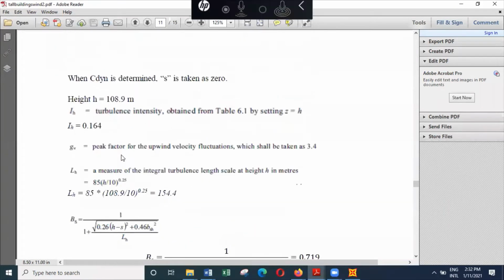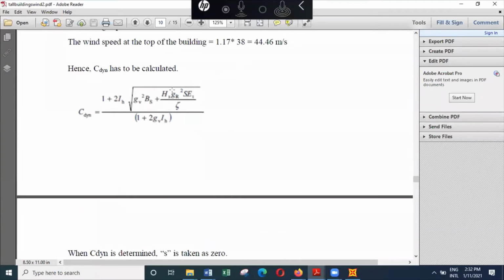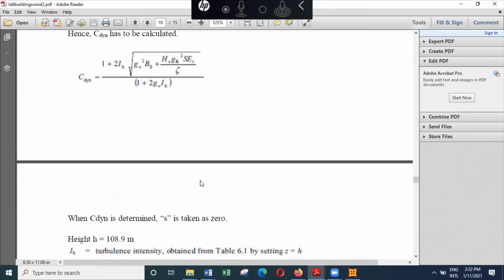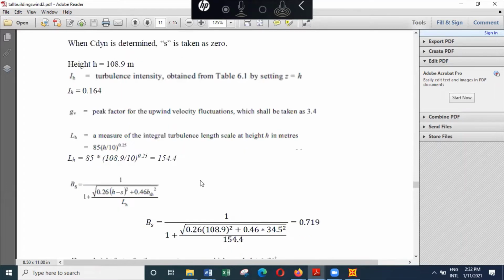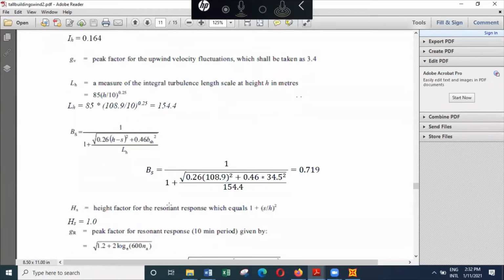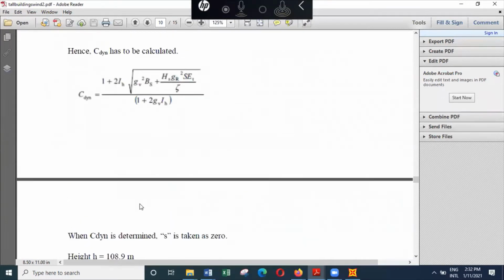And then there's another factor called height factor, and the height factor is considered as 1 because it's equal to 1 plus SOH squared, where S is 0, because of that HS is 1. So that is the static part of the equation.